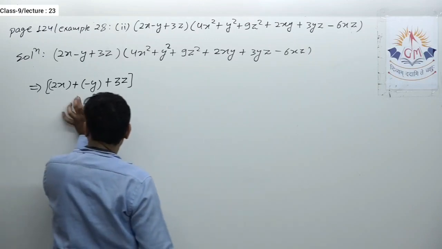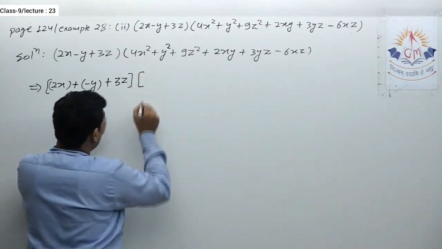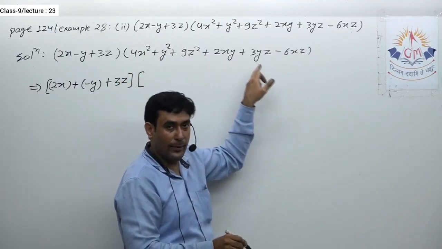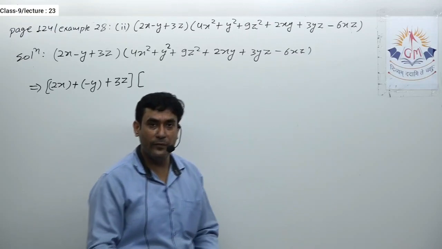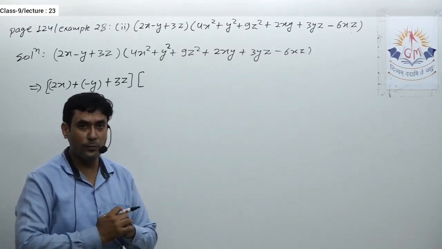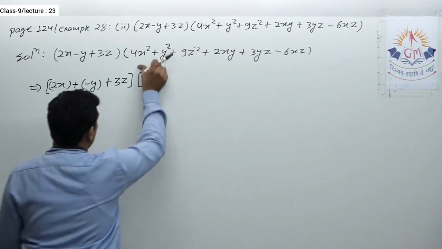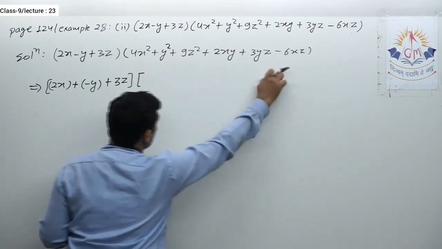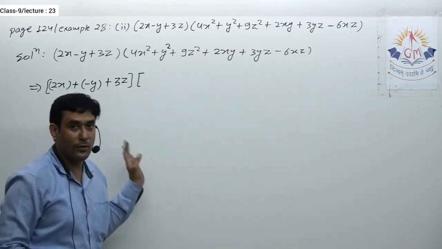Now if this is a plus b plus c, and if this is equal to a square plus b square plus c square minus ab minus bc minus ca, then definitely it will be the identity of a cube plus b cube plus c cube minus 3abc. So next we have to check whether these 6 terms fit the identity or not.